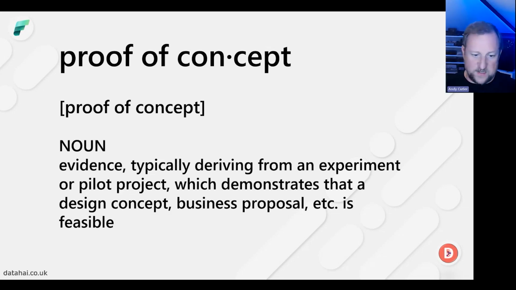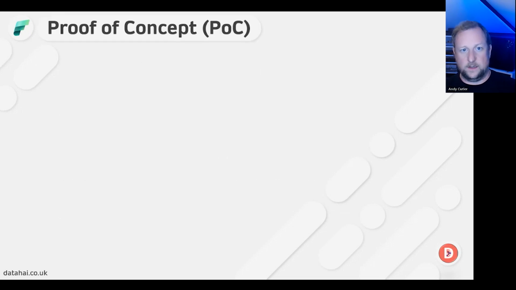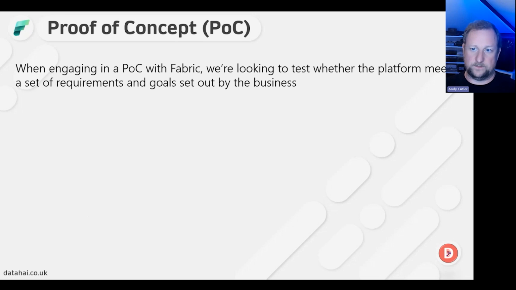Now, the success or failing was something I wanted to go out and ask people about and say, well, what's the definition of success in a proof of concept? Because we're setting up a proof of concept, we want to create a set of goals and some tests and actually see whether we get an outcome.